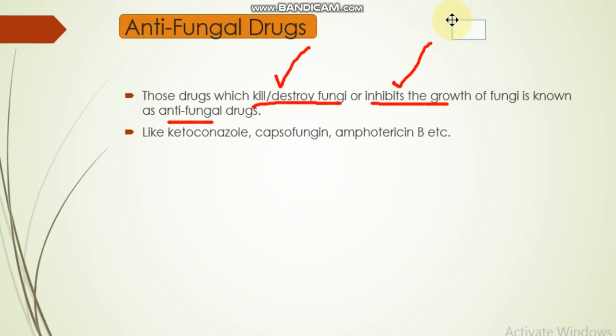The first property is that they kill fungi, and the second is that they stop the growth of fungi. Such a type of drug is known as an antifungal drug.